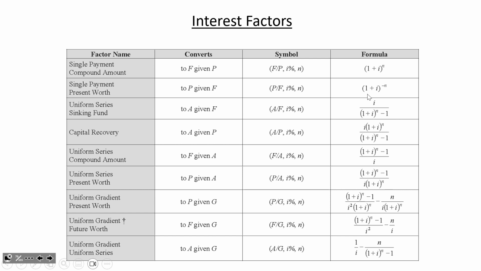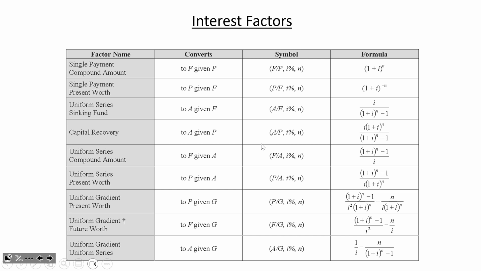The way that we would write, for example, A/P: A divided by P is equal to i(1 + i)^n divided by (1 + i)^n minus 1.